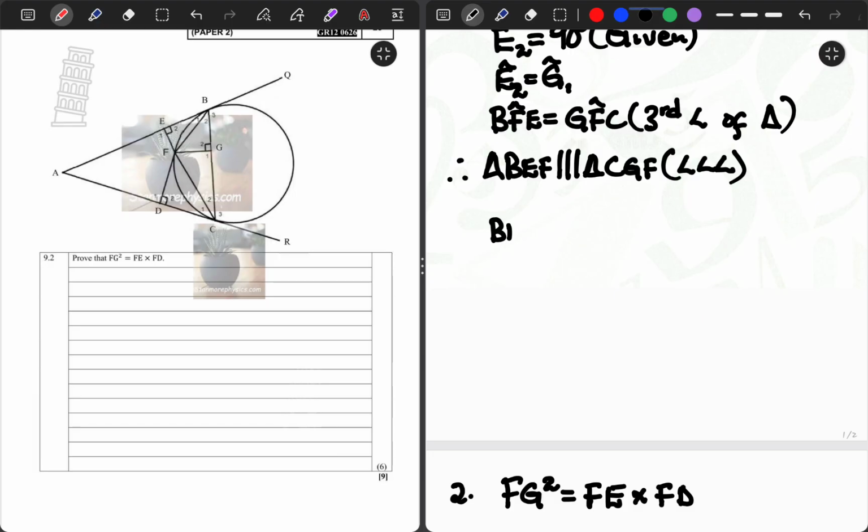We've got BE over CG equals to FE over FG, which at last you'll say FB over FC.